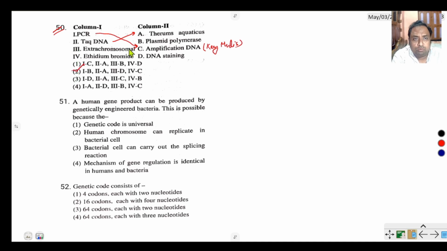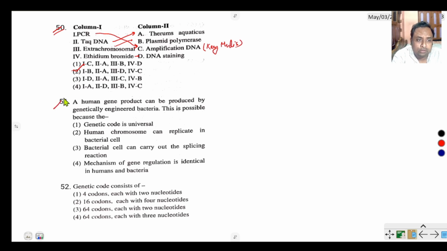The extra chromosomal DNA is called plasmid, the extra chromosomal part of bacterial DNA. Ethidium bromide is for DNA staining. The correct option is 2.